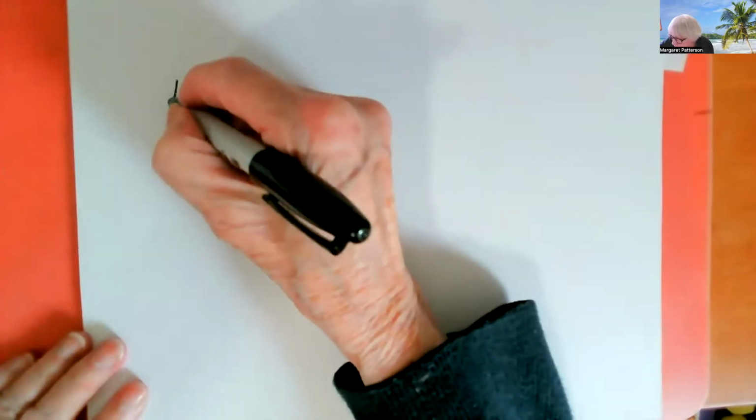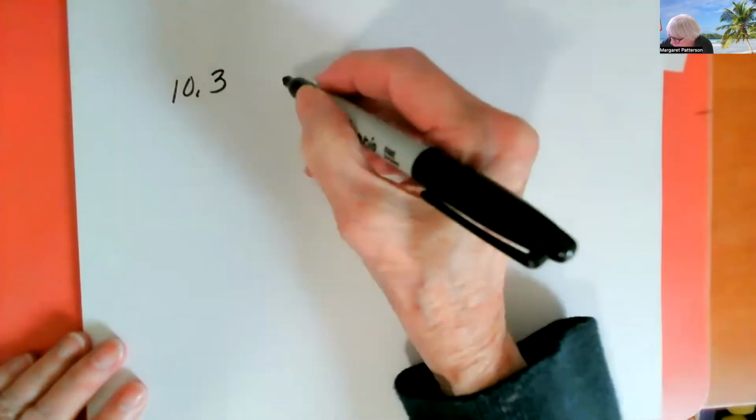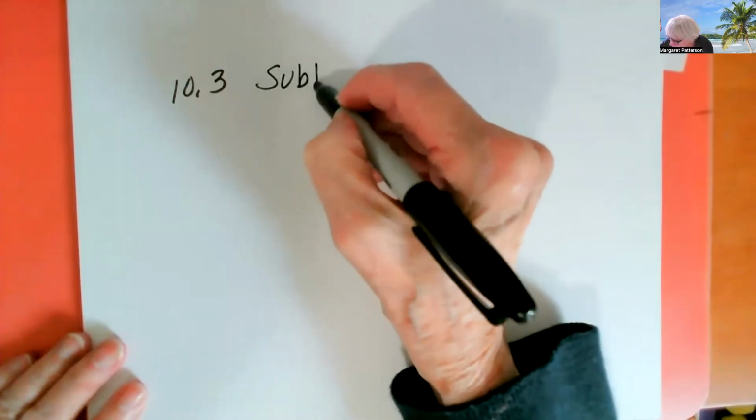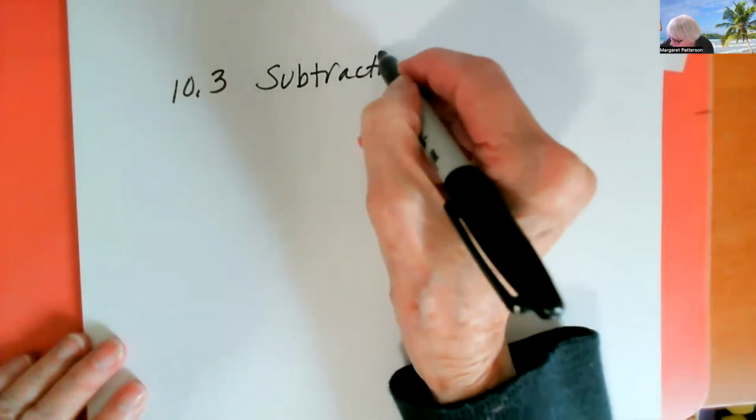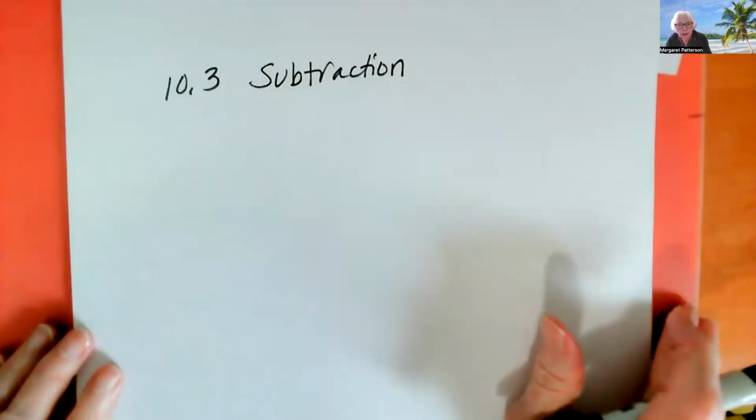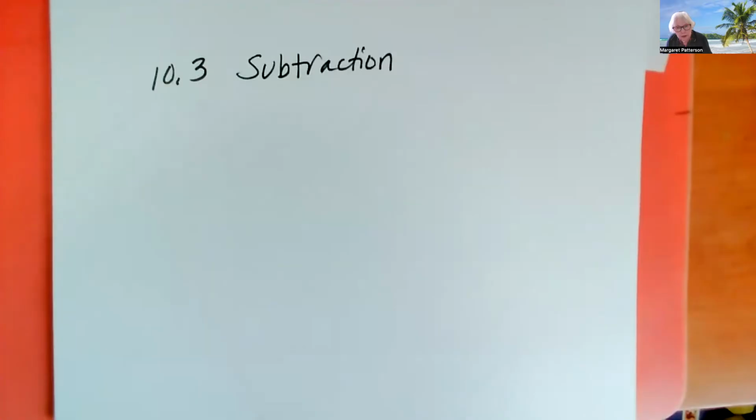Okay. The interesting one, and I hope adding makes sense because there's only 2 versions of it. Subtraction, this is 10.3. Subtraction: one way to explain it is to convert it to addition.